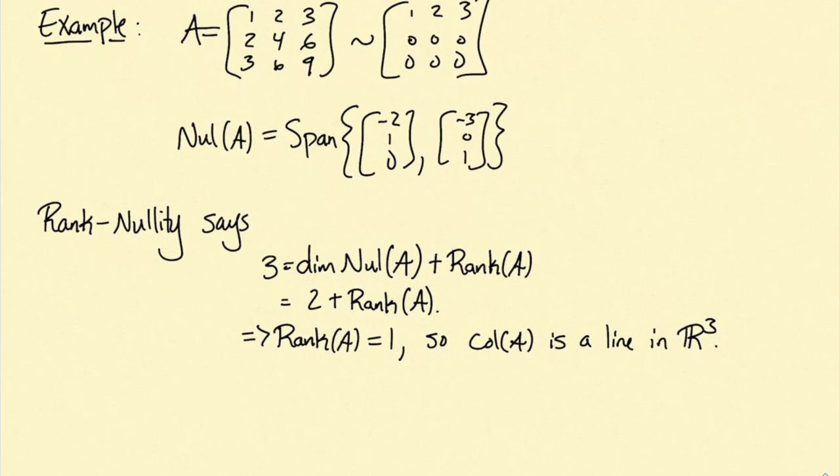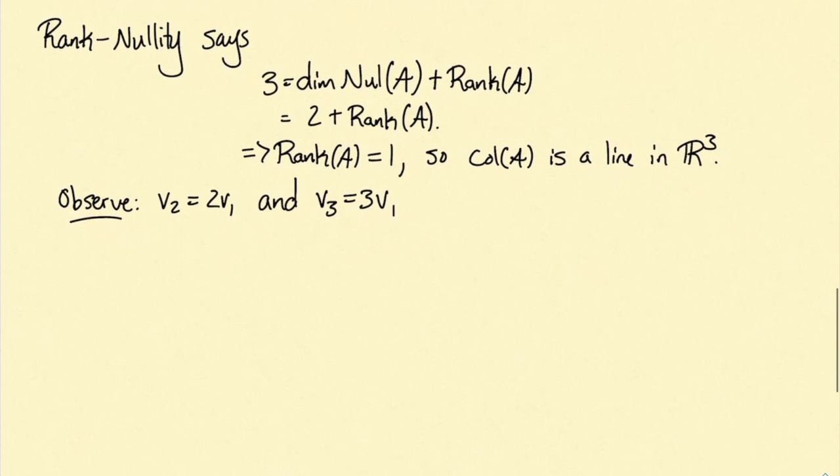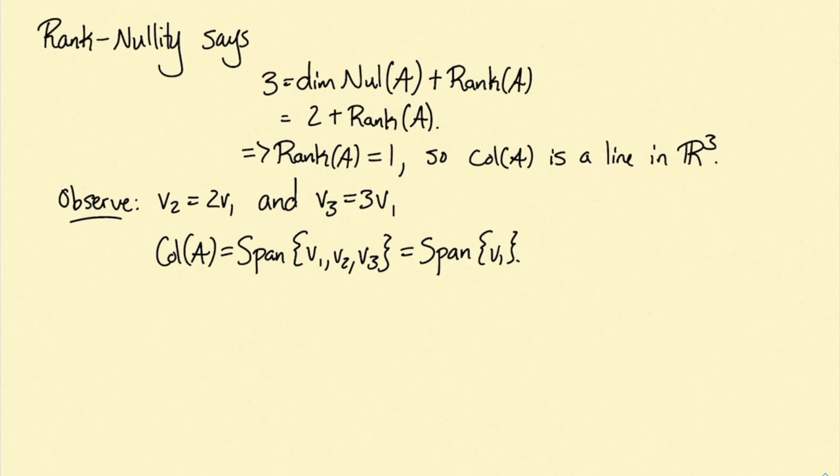To see exactly how this is a line, we observe that the reduced row echelon form tells us that if we label our columns V1, V2, and V3, then we can write V2 as twice V1 and V3 as 3 times V1. This tells us that the column span, which is the span of our 3 vectors V1, V2, and V3, is simply the span of V1, and there's our line.